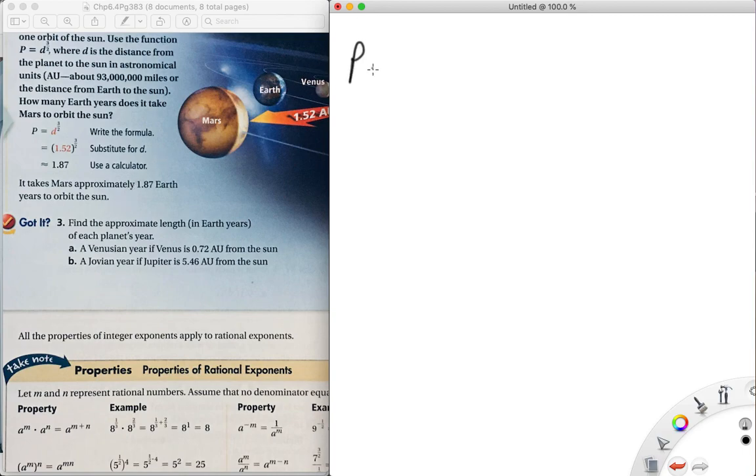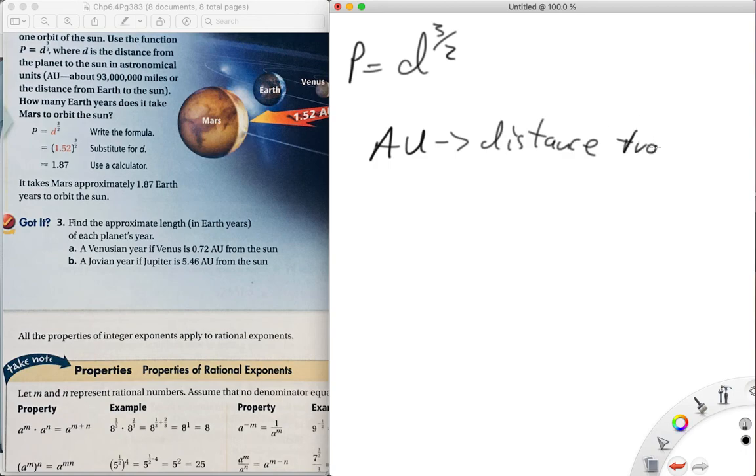So p in years is equal to d in astronomical units raised to the 3/2. An astronomical unit is, for those science buffs who care, the distance from the Earth to the sun. That's called 1 astronomical unit.